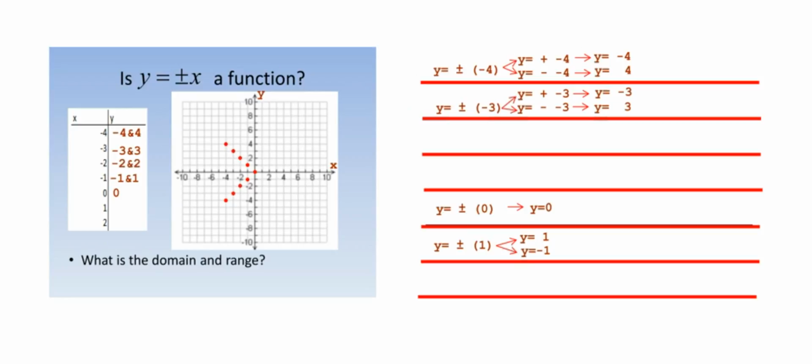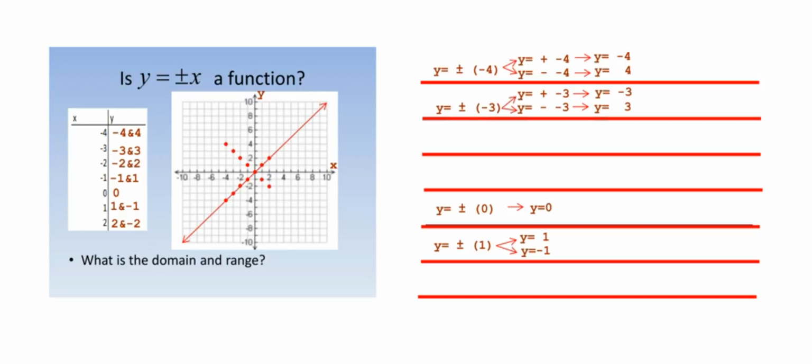So let's plug it into our table, then our graph. When x is 1, we get a positive 1 first, and then a negative 1, the opposite order of before. And we plot them likewise on our graph. And when x is positive 2, likewise, it gives us a positive 2, and then a negative 2. And we'll plot them. There we go.